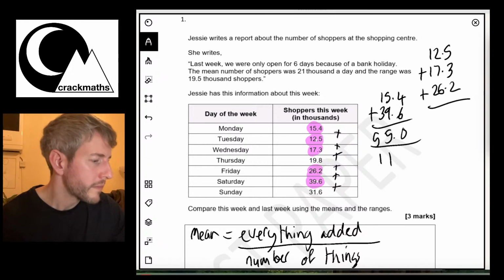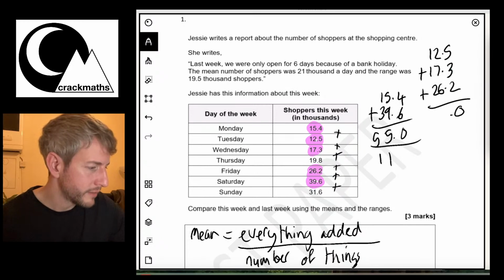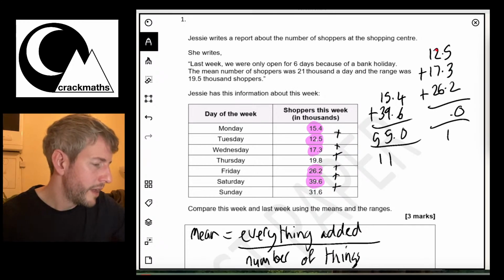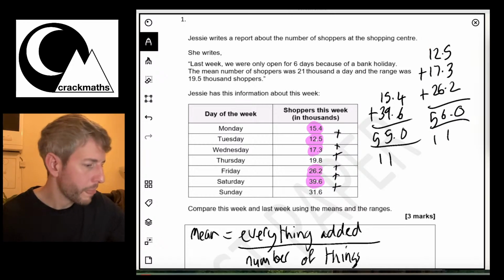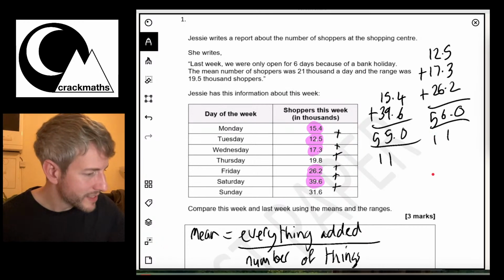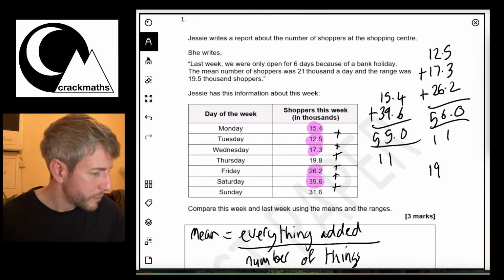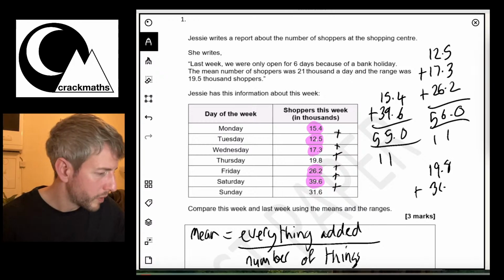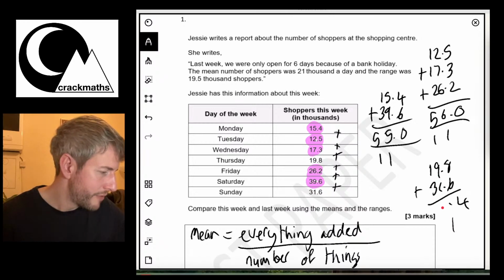These three add up to make 56. Then we've just got these last two. We've got here 19.8 add 31.6, and that's going to be 51.4.